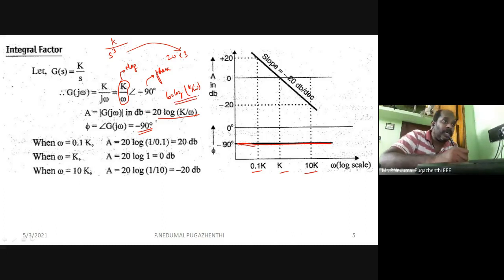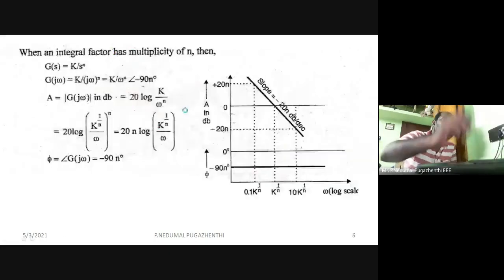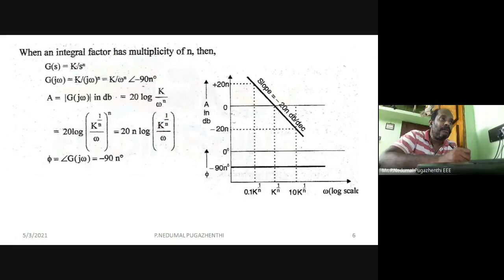And the same way, your angle minus 90 will be multiplied with the power. So you will have minus 270, which is equal to 90 degrees. That is also possible. You can see that here you have k by s power n, and j omega power n is coming out. So k by omega power n and minus 90 into n. If your value is 2, then it is going to be omega squared, and this is going to be minus 90 into 2.